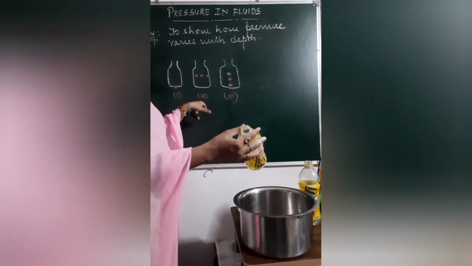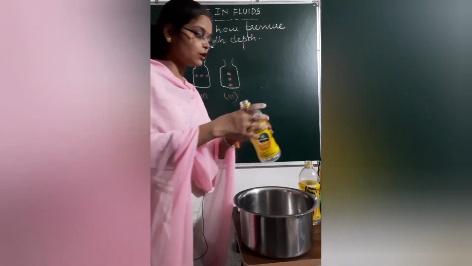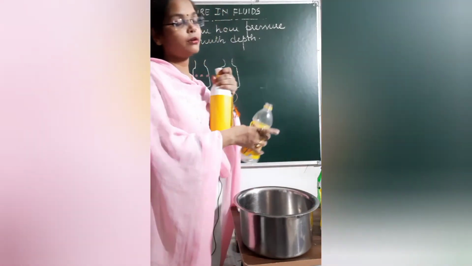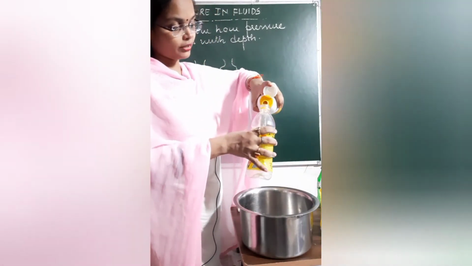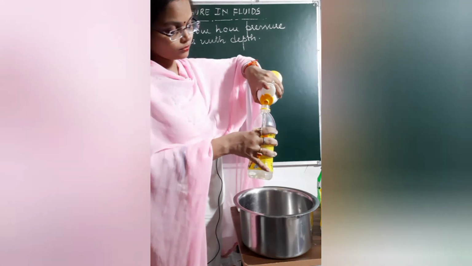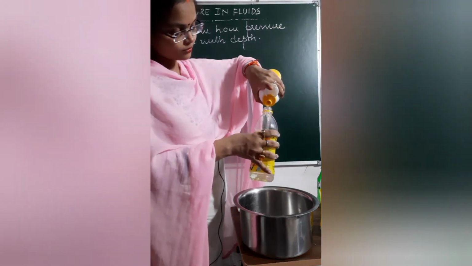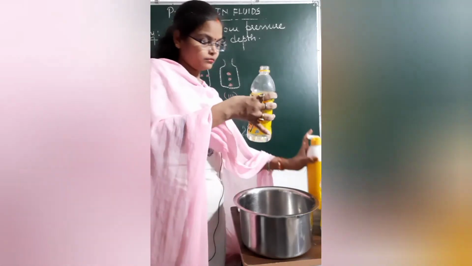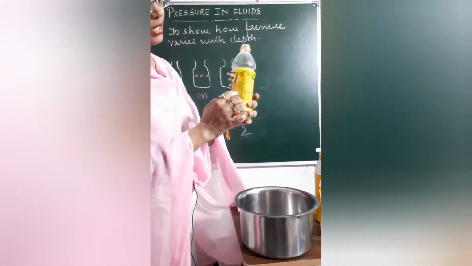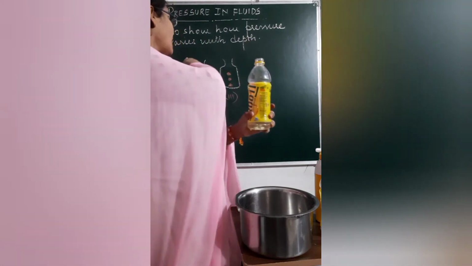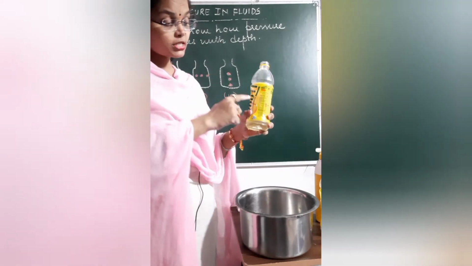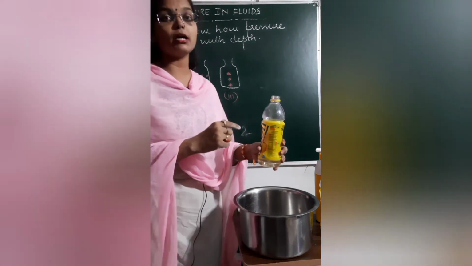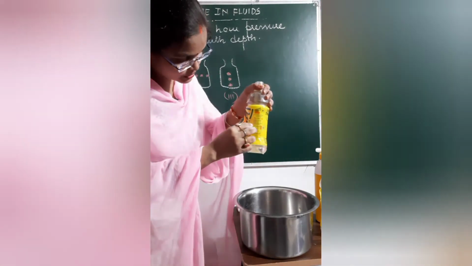Now, the second type. I am taking the bottle which has equal holes at the same level, and again filling this bottle. There are holes at the same level, but still water is not coming out because I have put sellotape. Now one by one I will remove these sellotapes.